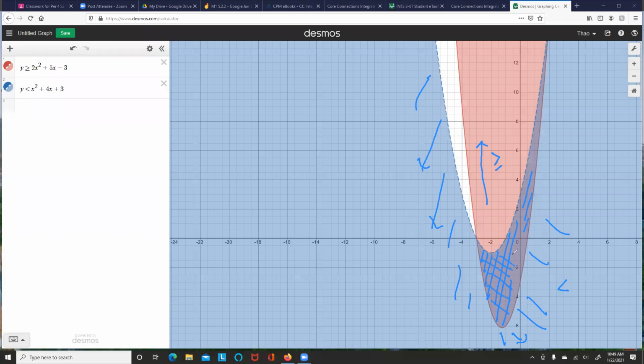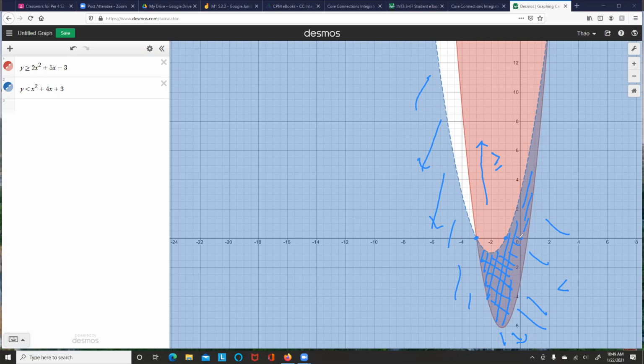So all the points that we tried: -3, 0, right? We tried this point right here, which is a boundary point. How come that point didn't work? Well, it works for the red parabola, but it doesn't work for the blue parabola. And the other point we tried, what was it, guys?